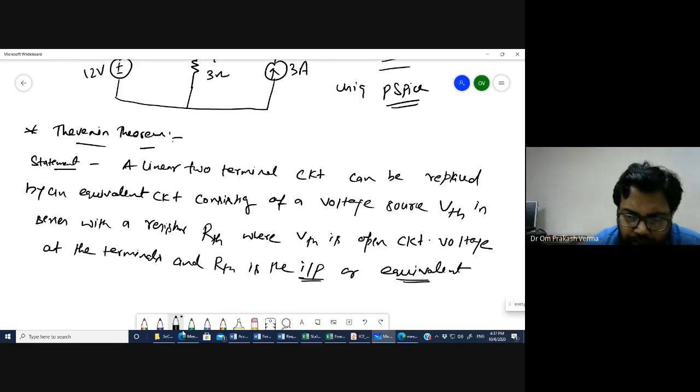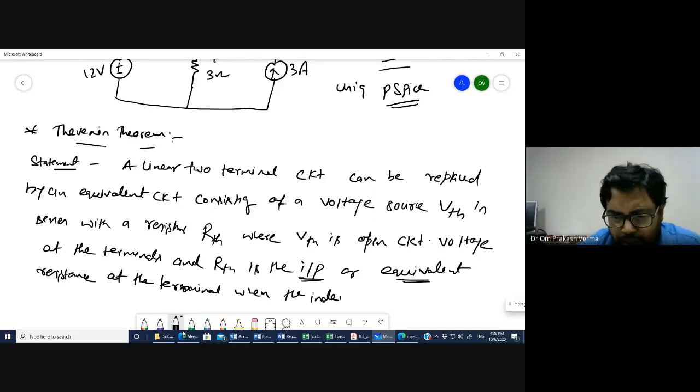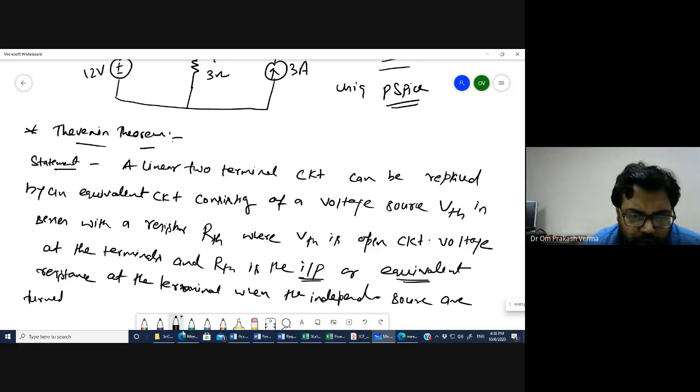We will see with the help of some problem how the RTH of a dependent source is calculated. So it is either the input resistance or the equivalent resistance at the terminal. जहां से आपको निकालना है उस टर्मिनल के अक्रॉस आपको ये देखना है, when the independent sources are turned off. So this is the statement of the Thevenin theorem.